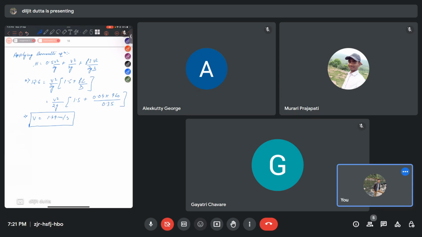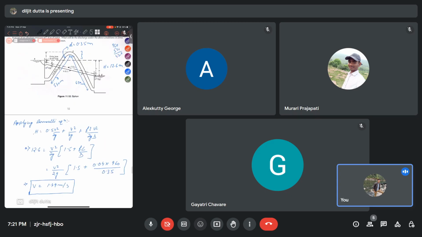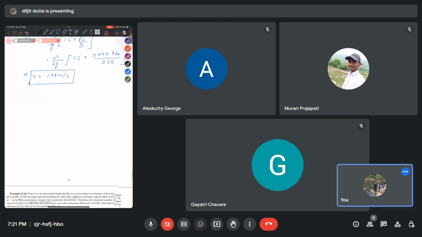Now we apply Bernoulli between A and the summit S. And we can take the datum. What do we take?